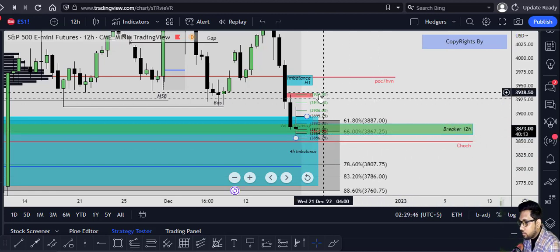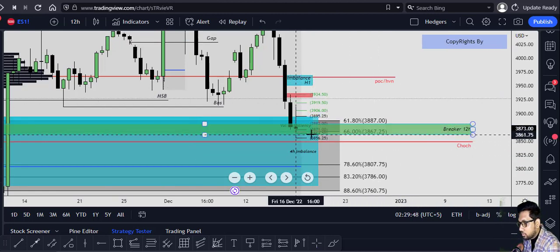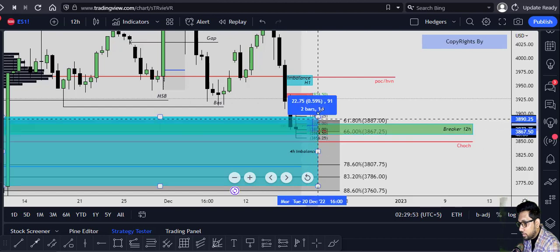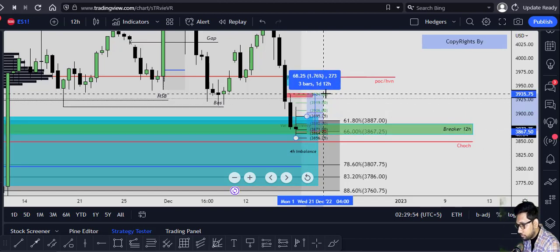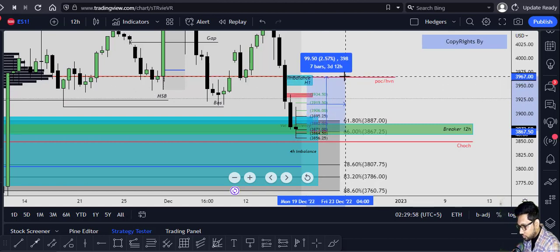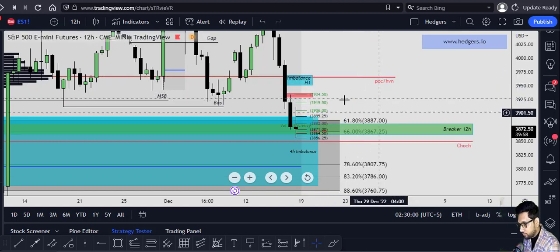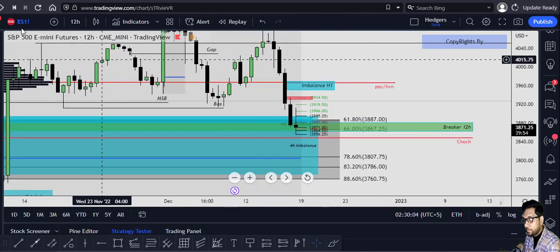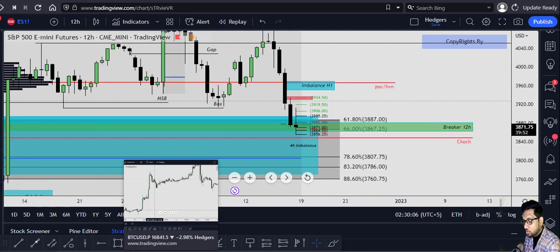And this is all the trade for Monday, 1.76 and 2.57. Yes, we will see on Monday what's going to happen next. Okay, for now it's all good.